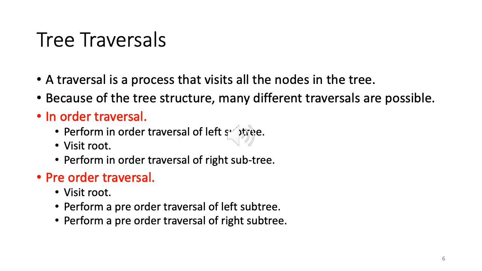On the left subtree you can do in-order as well. That left subtree will have its own root, its own left subtree and right subtree, and like this you do the recursion. Pre-order has a different sequence of steps: visit the root, perform a pre-order traversal of the left subtree, perform a pre-order traversal of the right subtree. So these are two of the traversals.